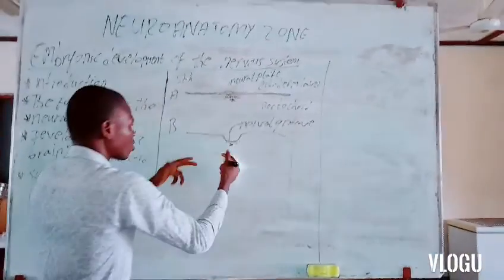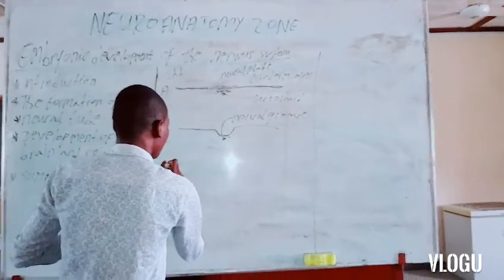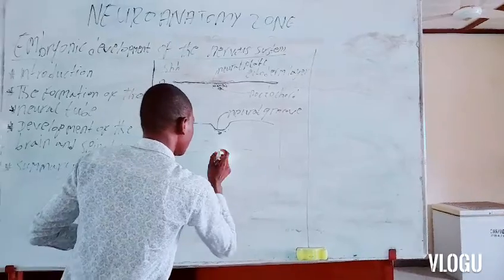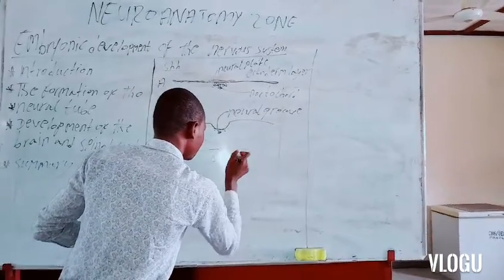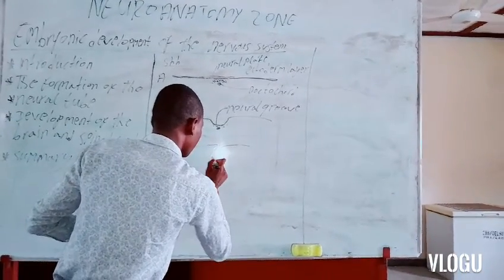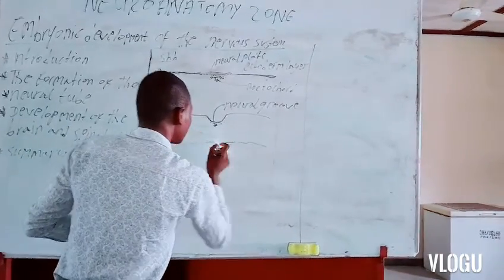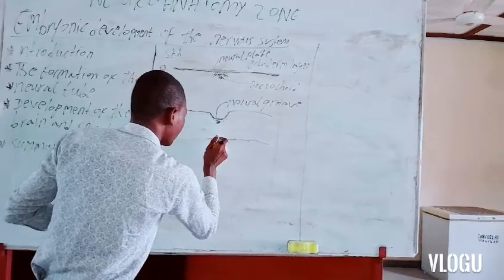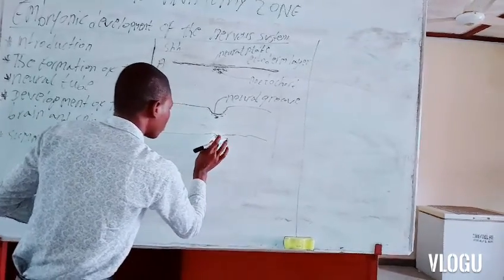Now this neural groove is going to continue invaginating inward until both ends of the neural groove coalesce together. Coalesce meaning they are going to touch each other.